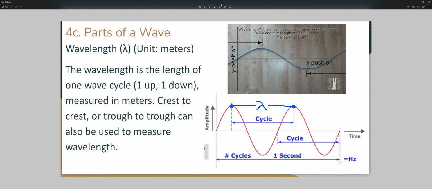This would be one wave cycle, and you can take the length of this wave cycle as its wavelength. Alternatively, it's also trough to trough. You could also get the wave cycle that way and calculate its length by doing trough to trough. So any one of these three methods you could use to calculate the wavelength.